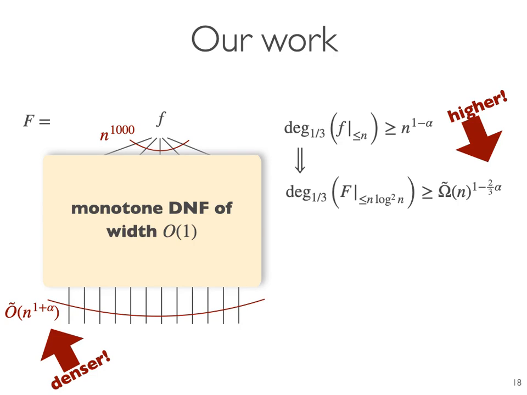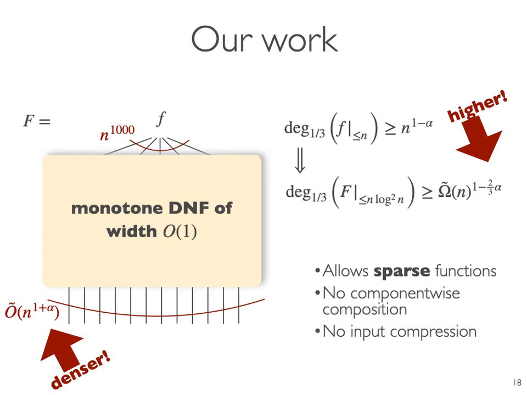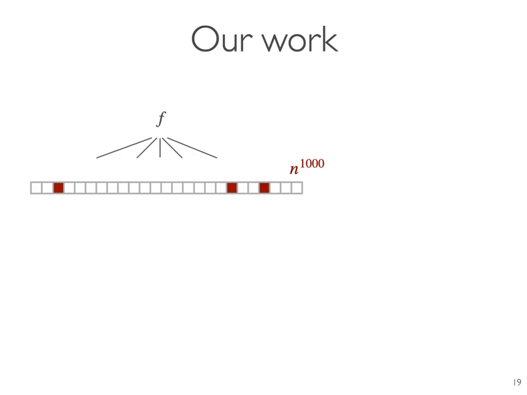Since we're only allowed to use constant width DNF formulas, we cannot afford to use Bunn and Thaler's ideas of component-wise composition or input compression. We design hardness amplification from first principles. Here's how. The original function takes as input a vector of n to the 1000 bits, but at most n of them can be turned on at any one time.